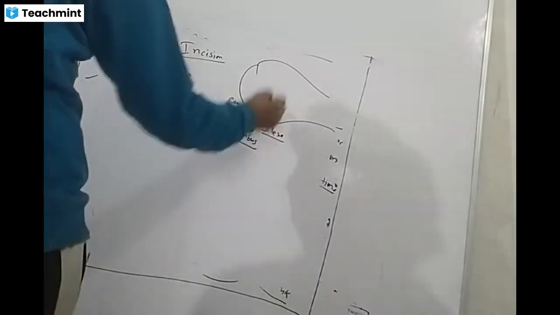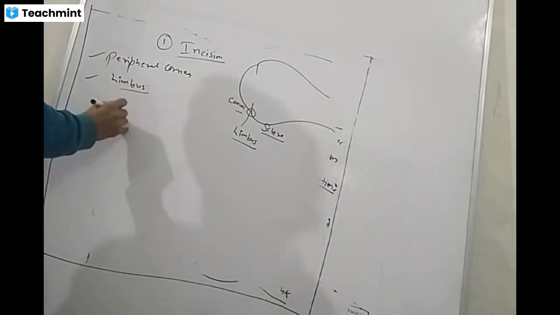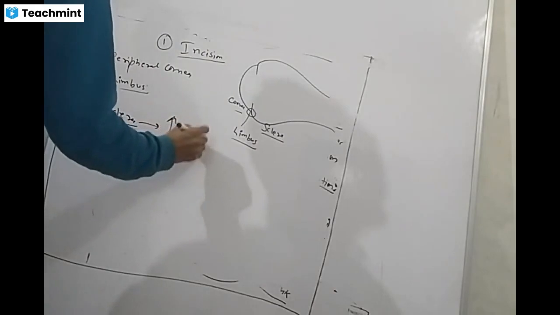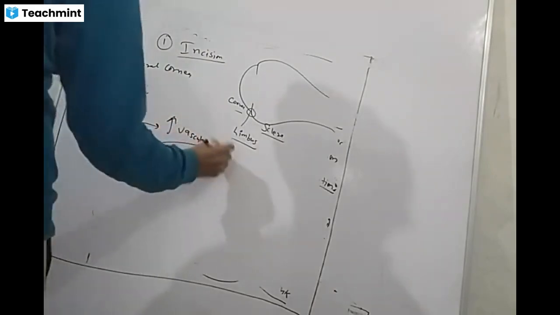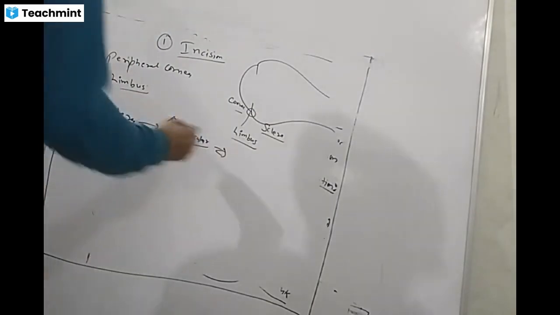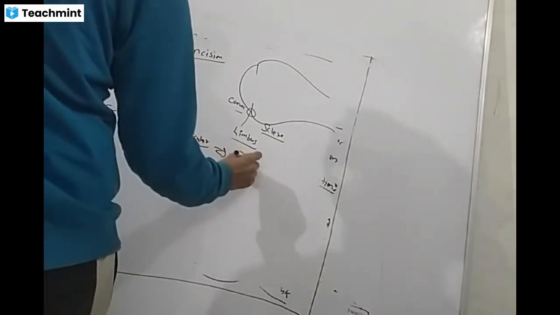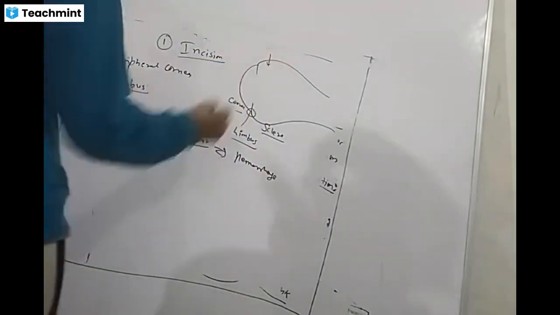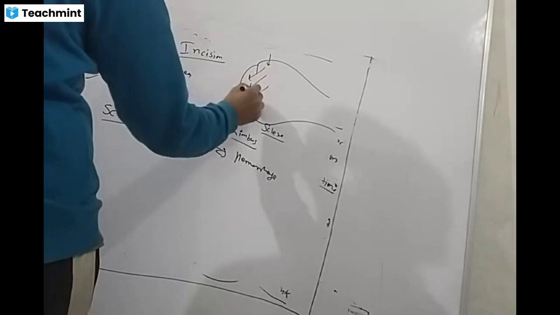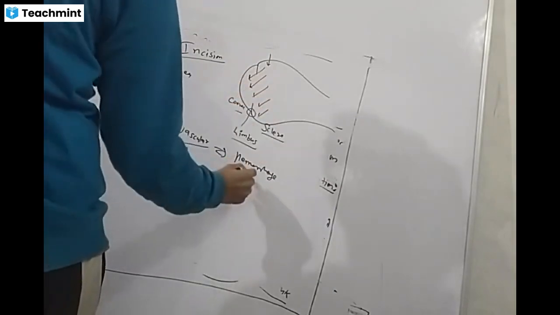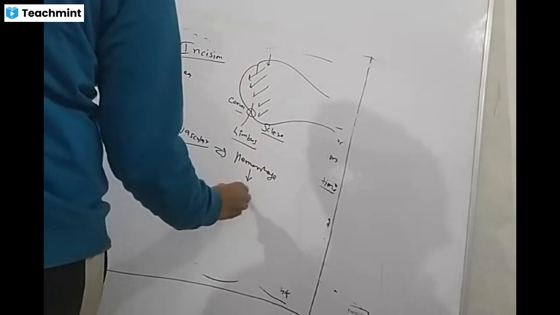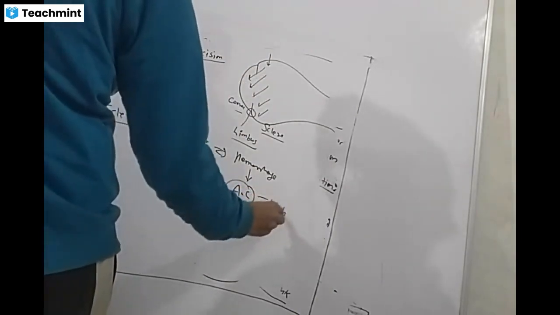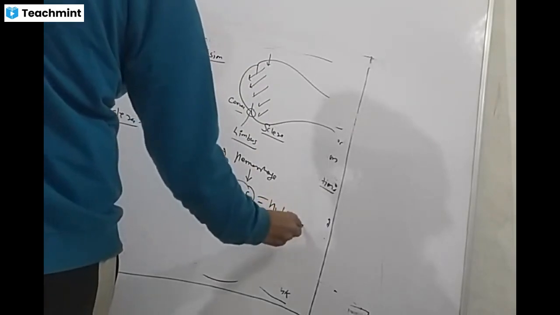What happens if you take your incision at the sclera? Sclera is more vascular, with more blood supply. If you take an incision there, there may be bleeding, hemorrhage. Blood may enter your anterior chamber, and that is known as hyphema.